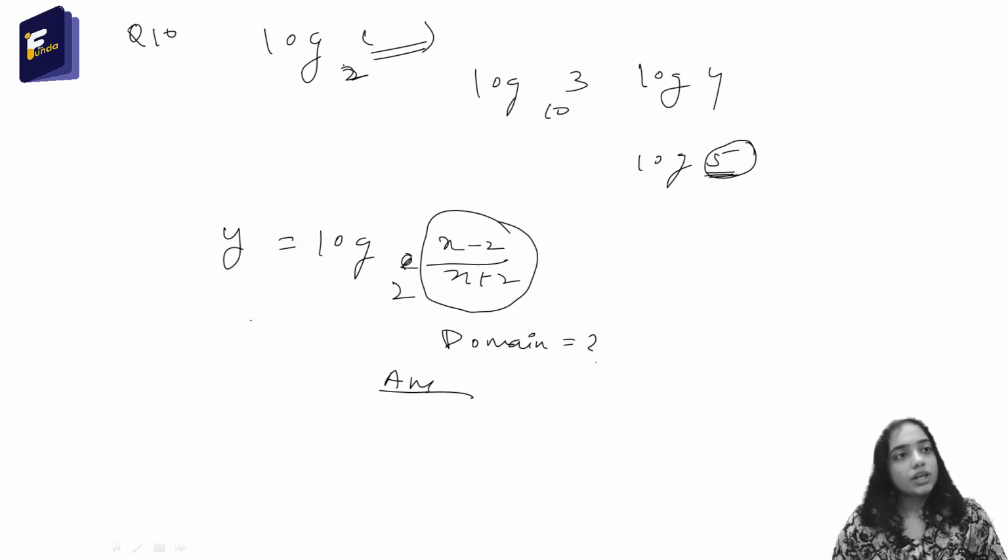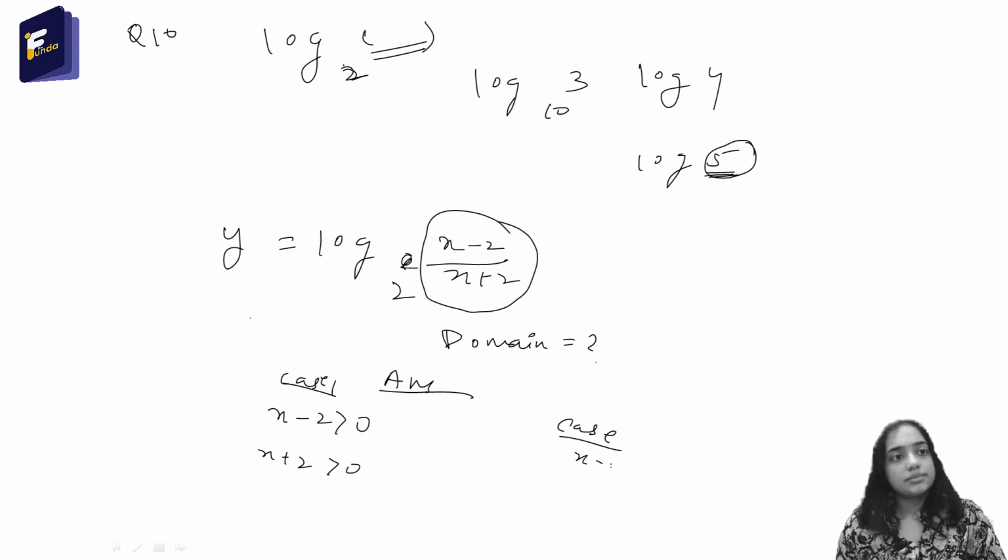So x minus 2 is greater than 0 and x plus 2 is greater than 0. This is case 1. And case 2 is both are less than 0: x minus 2 is less than 0 and x plus 2 is less than 0.